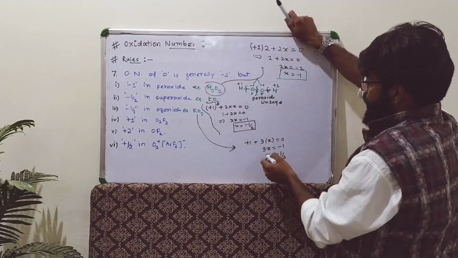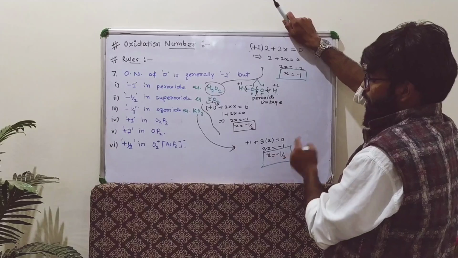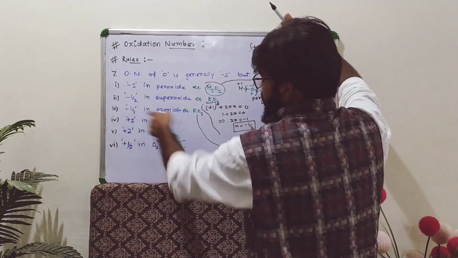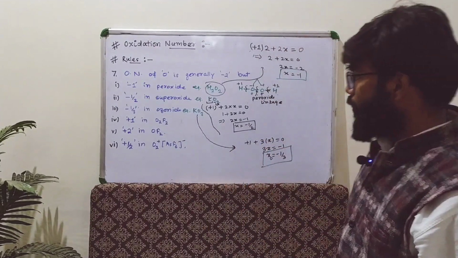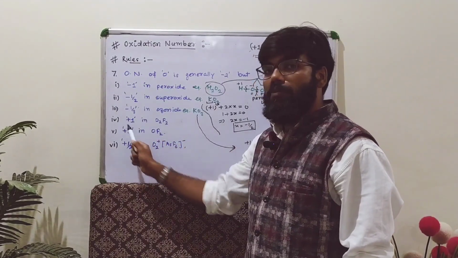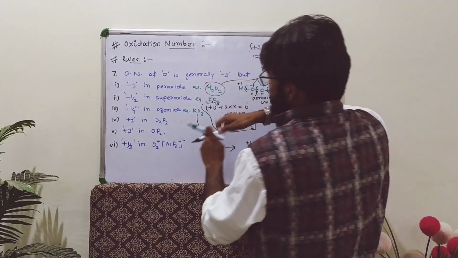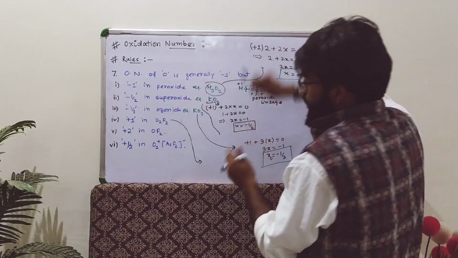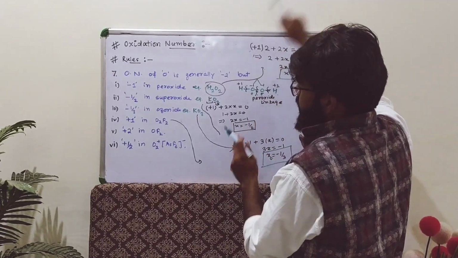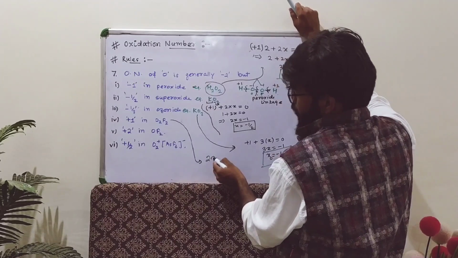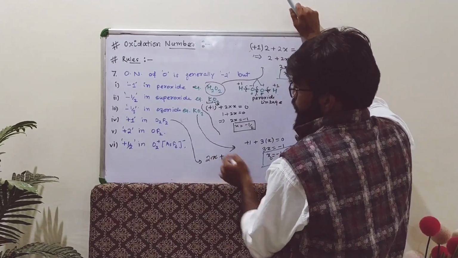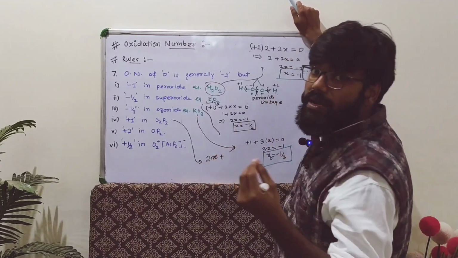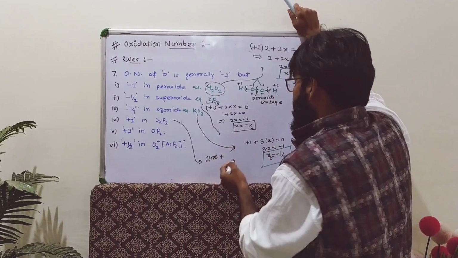So this is the oxidation number of oxygen in this compound, that is potassium ozonide. So here it is -1/3. In O2F2 it is +1. How does it come? Let us do this one. In O2F2, we have to find it for oxygen, so let us consider it as X, then it will be 2X plus, for fluorine it is always -1 because it is the most electronegative element in the periodic table, that's why it will have -1.